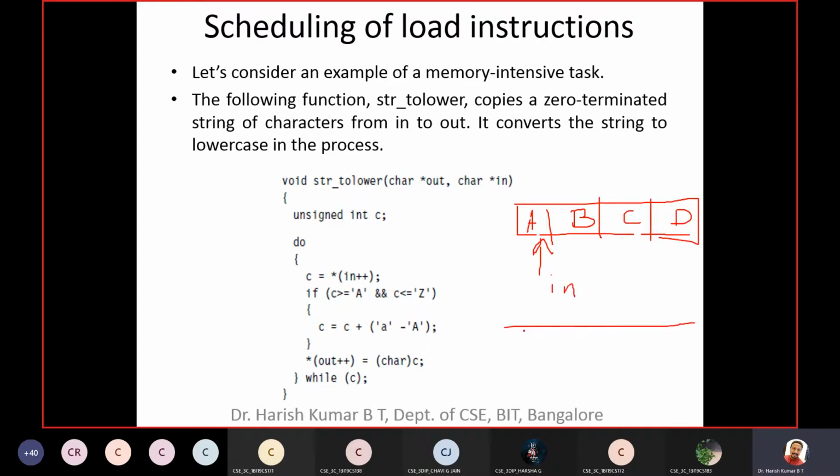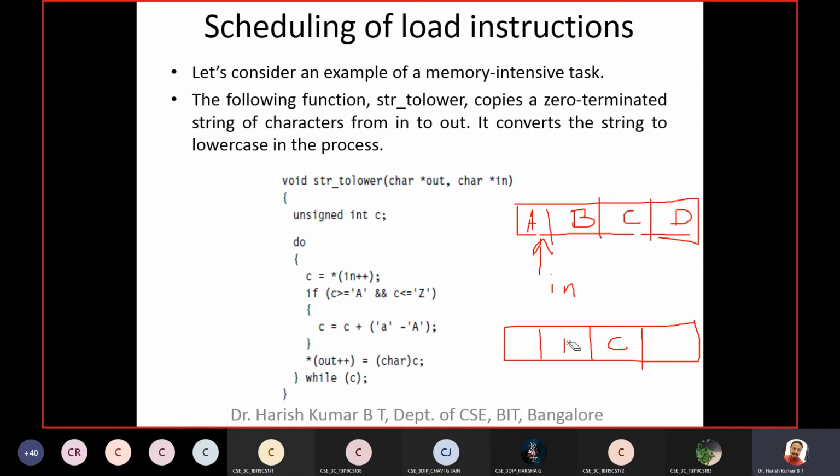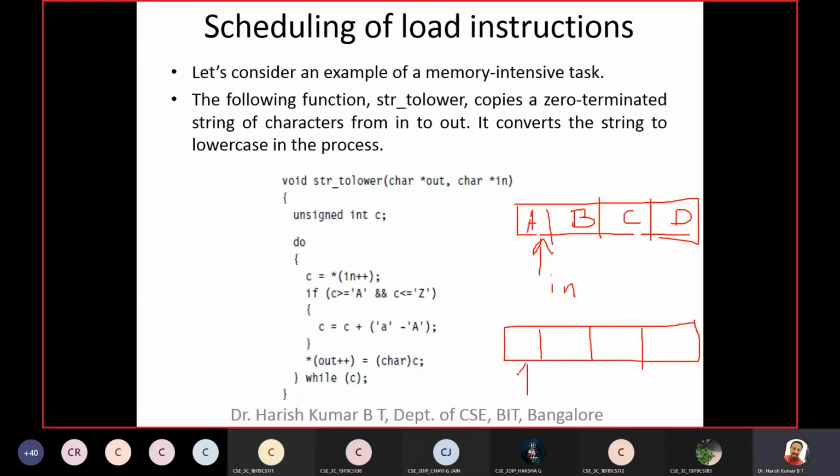I have another memory location, and out is pointing to this. Now what our program does is copy this string which is in uppercase to this memory location in lowercase. It converts them into lowercase.